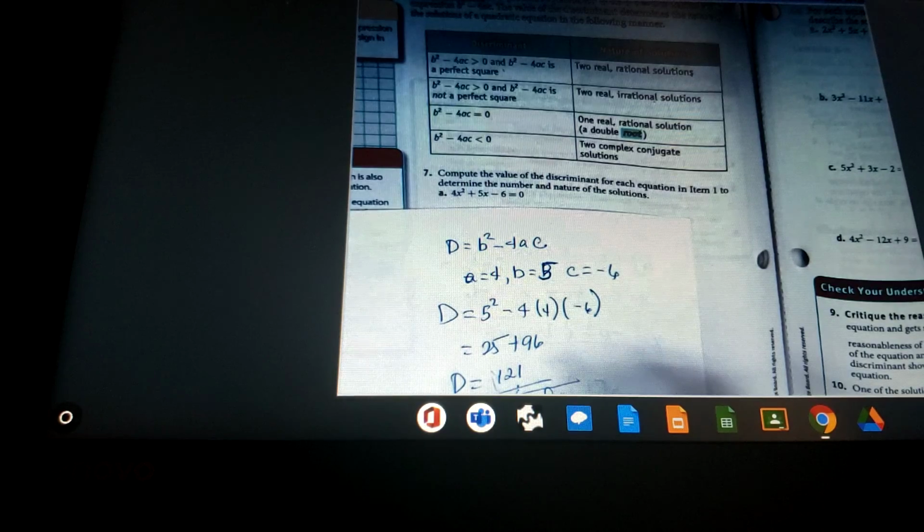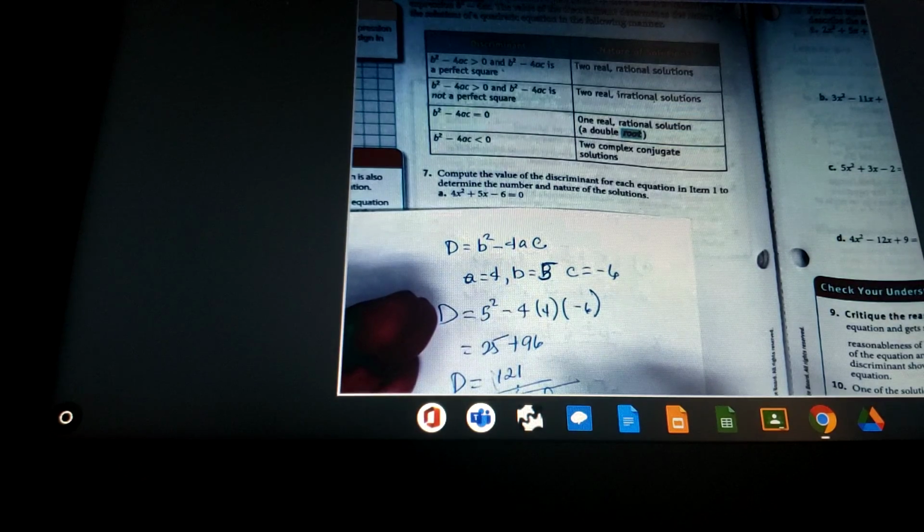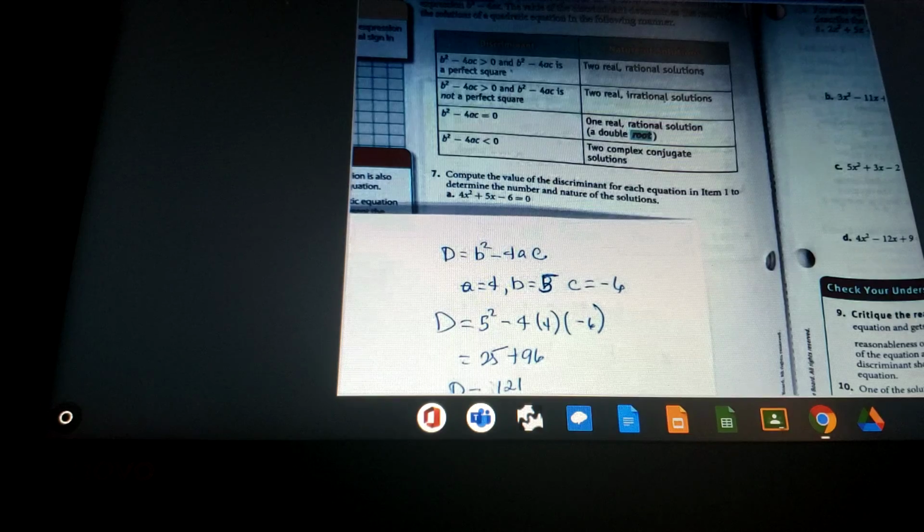How many answers do we have here? One? Let's say your x is 2 plus the square root of 121.